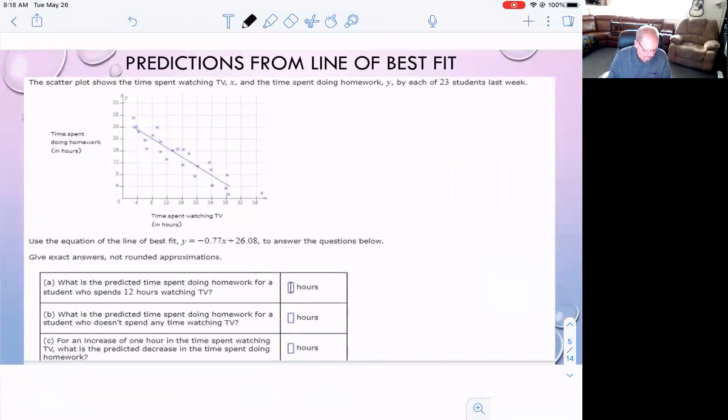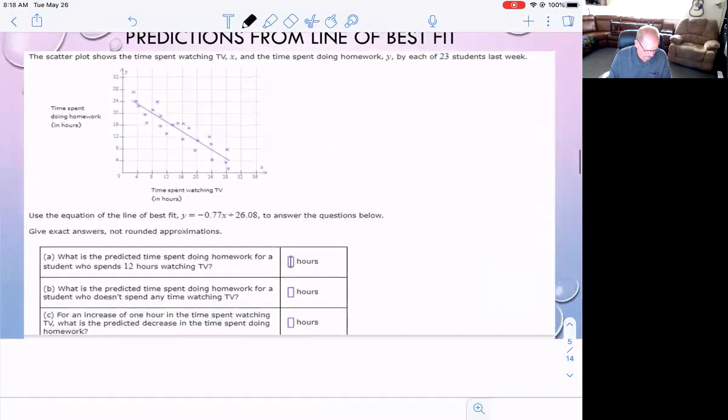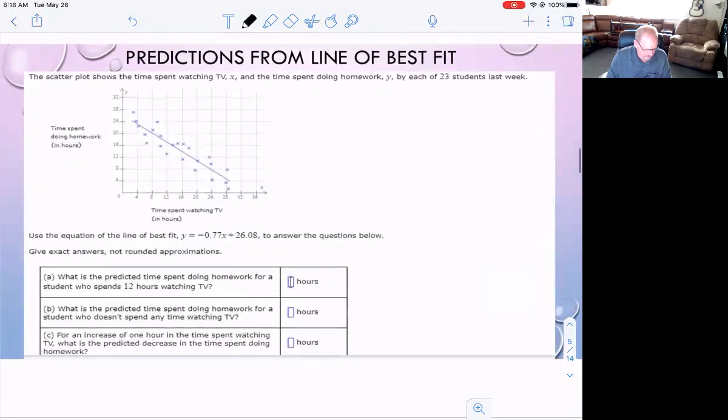Okay, so more predictions from the line of best fit. So here it says use the equation of the line of best fit. Very important to note, use the equation, okay? Because you could use the line, or you could actually take the actual values at the points.